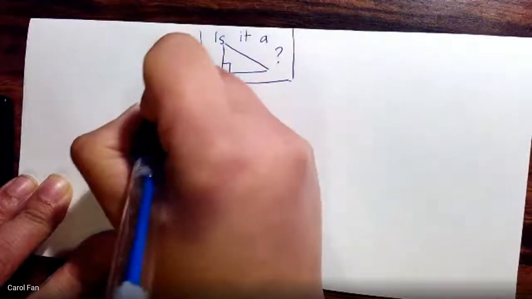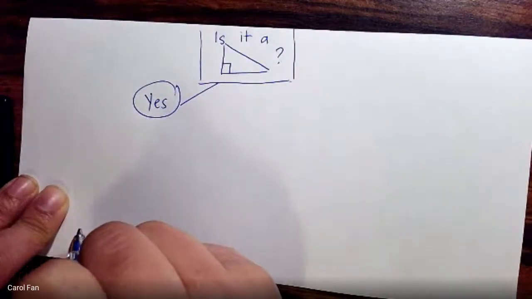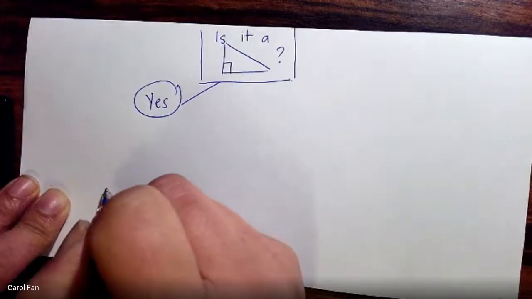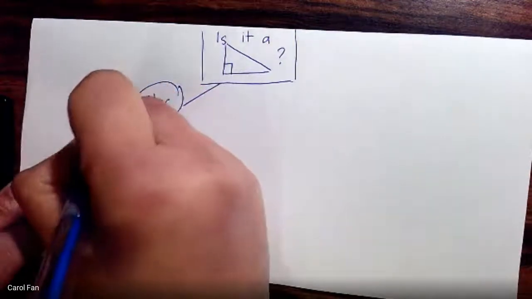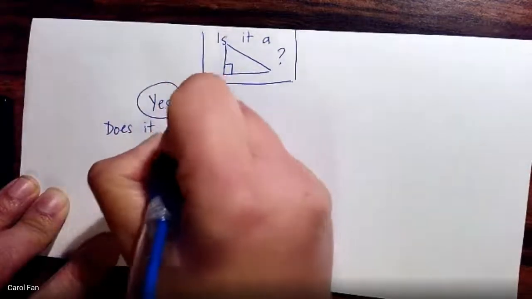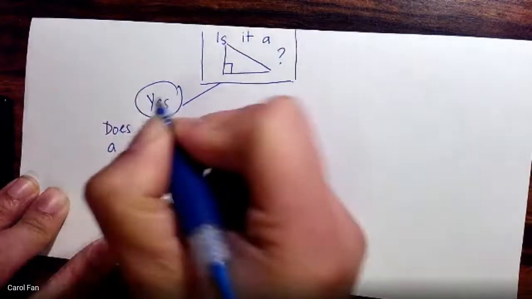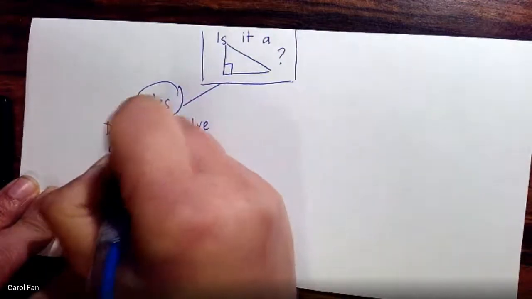Now, if the answer is yes, it is a right angle triangle, then we need to ask ourselves a second question. Does it involve any other angles?